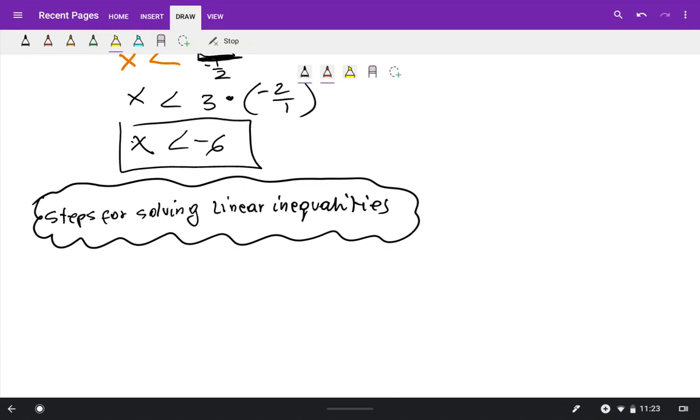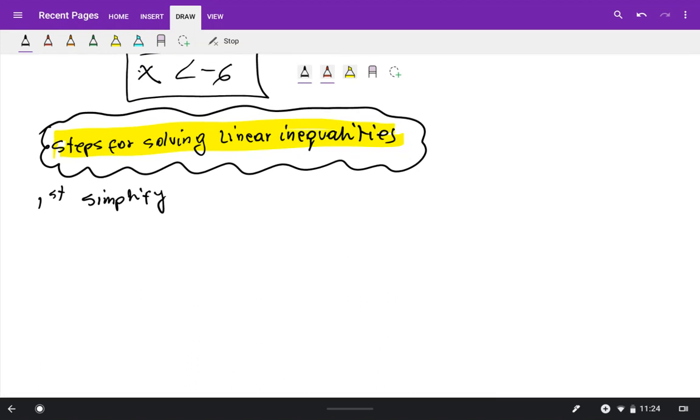So you solve linear inequalities the same way you solve linear equations. First, you're going to simplify both sides of the inequality. Remove parentheses, combine like terms.